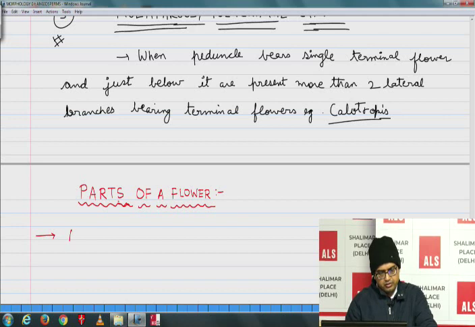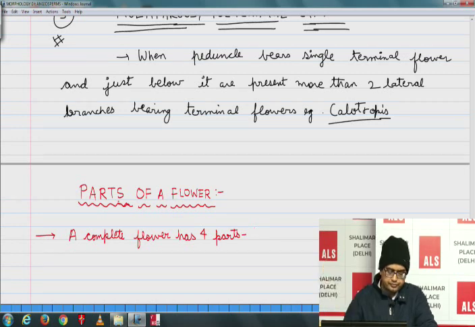A complete flower has 4 parts. And what are these 4 parts? Or 4 whorls. It will be better to say whorls.